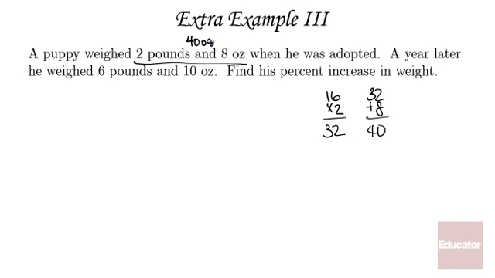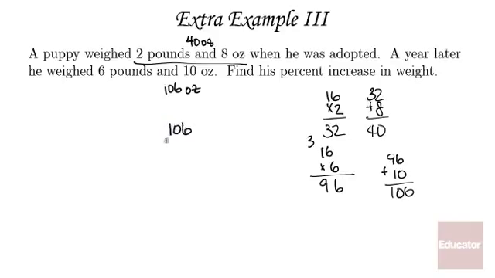ounces here. Then I have 6 pounds times 16, and 96 plus the extra 10 gives me 106. So my change here is 106, how much the puppy weighs now, minus 40, the weight when he was adopted, and that gives us 66.